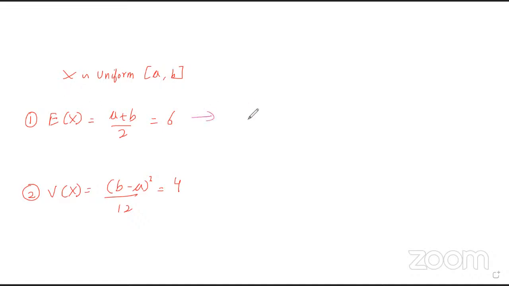From the first equation, I can see that a plus b is equal to 12 if I multiply both sides by 2, right? In the second equation, I'm getting b minus a whole square to be equal to 48, right?